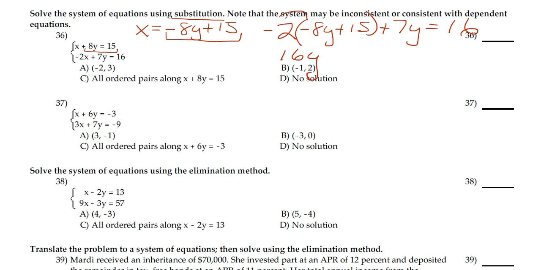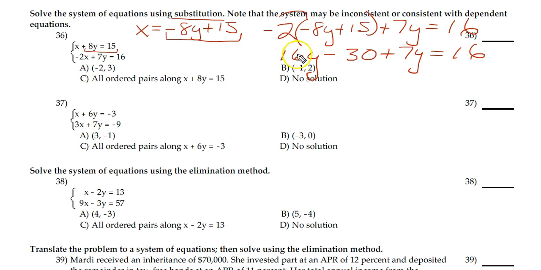So now we clear parentheses. A -2 times a -8y is a positive 16y. A -2 times 15 is a -30. And then our plus 7y equals 16. Note we have an equation with only one kind of variable.